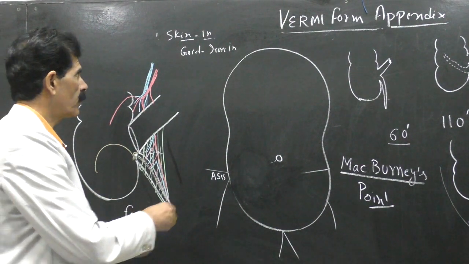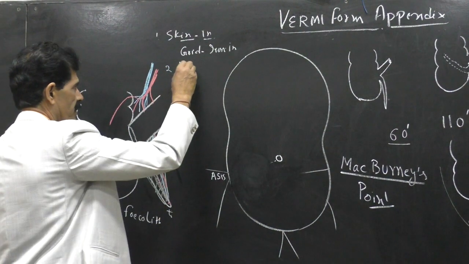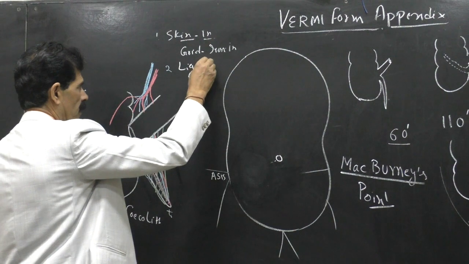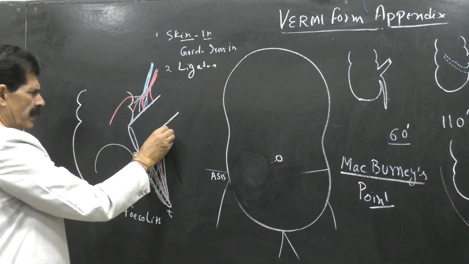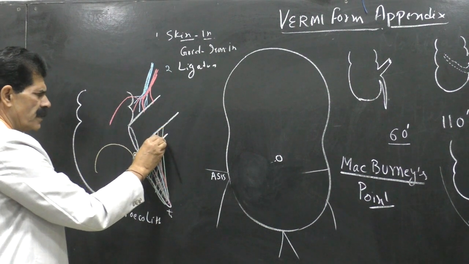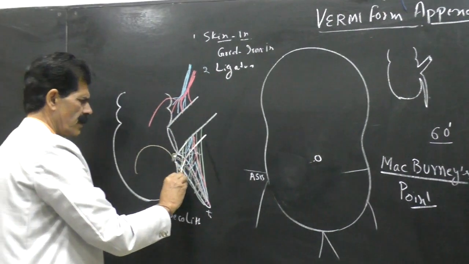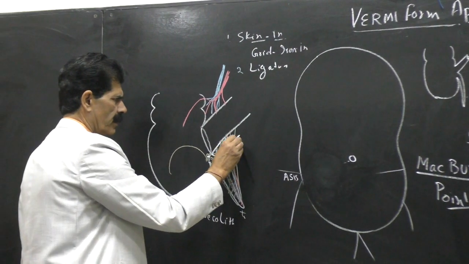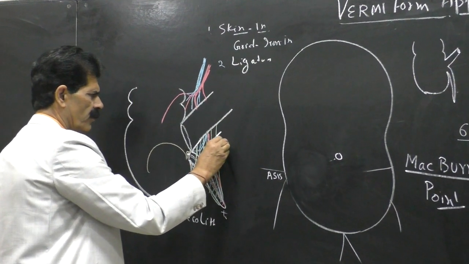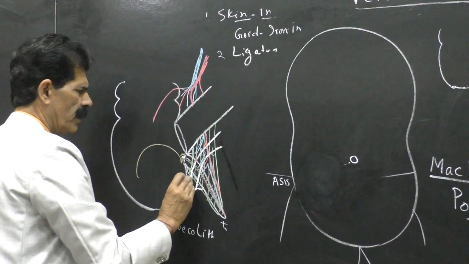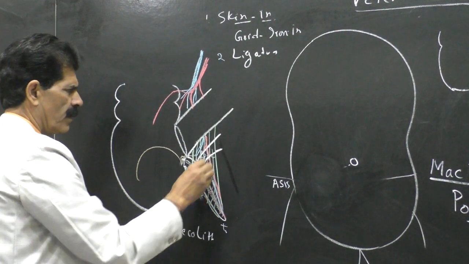The first step after skin incision is ligation of the vessels. We ligate the appendicular vessels along with the appendix. We give two knots, one here and one here.